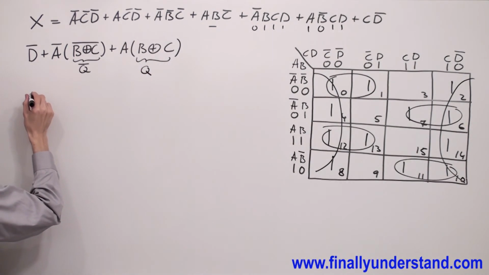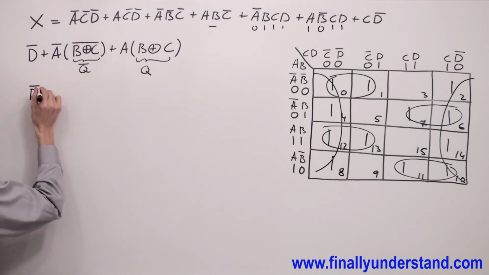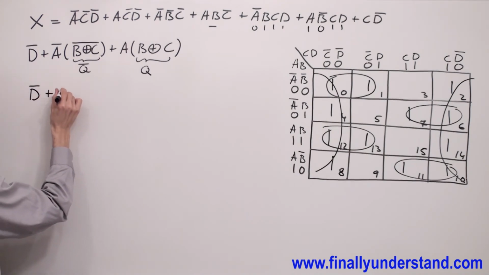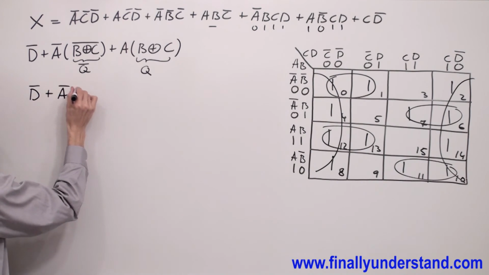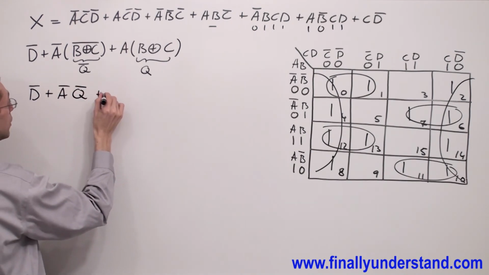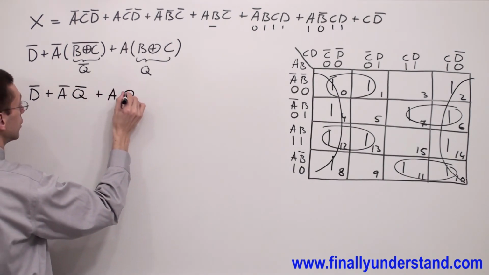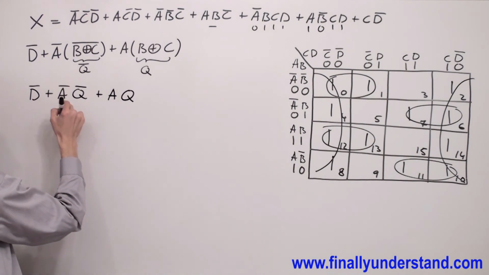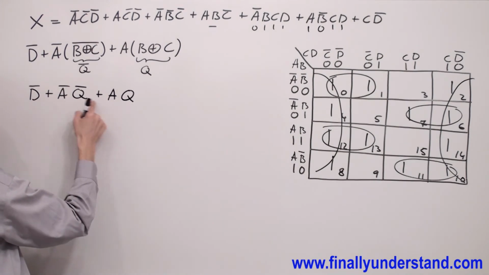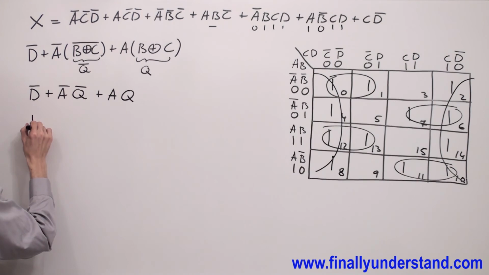And let me rewrite this one more time. I have D naught or A naught, Q naught, or A Q. Again, this is nothing else, just the exclusive NOR. That's why I'm going to write this.